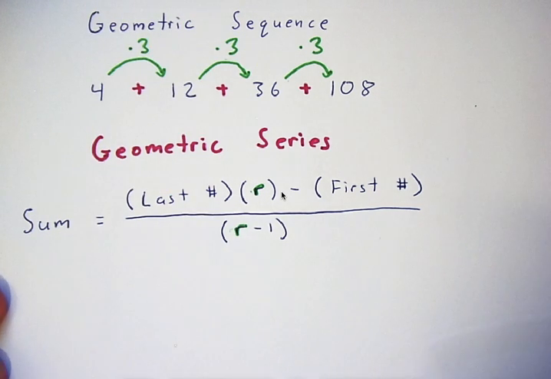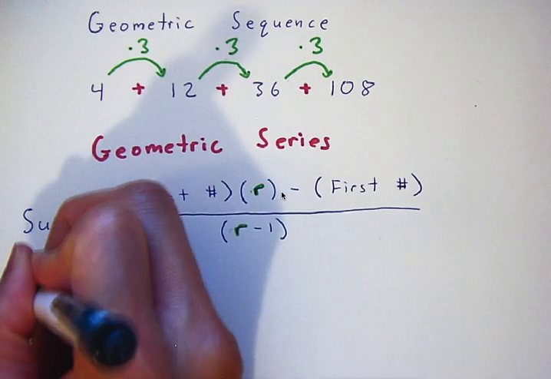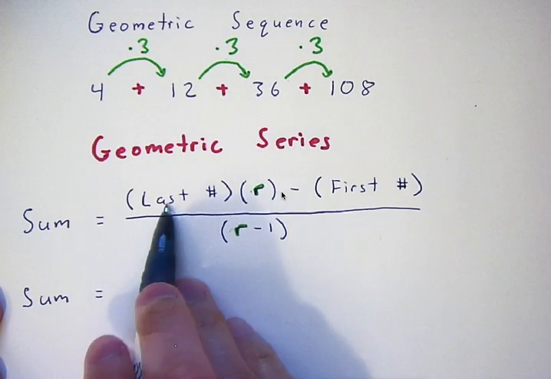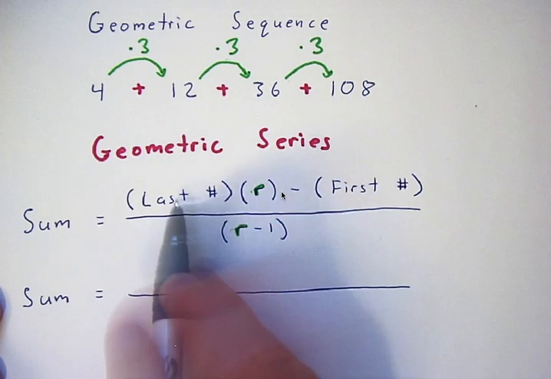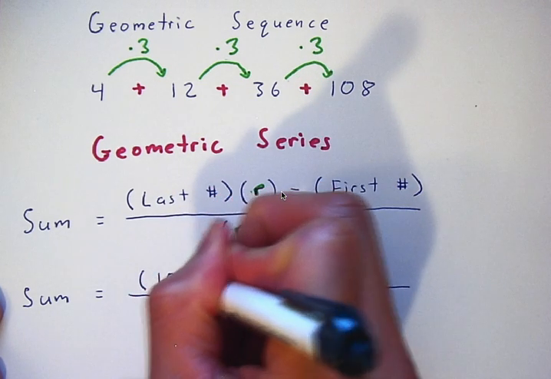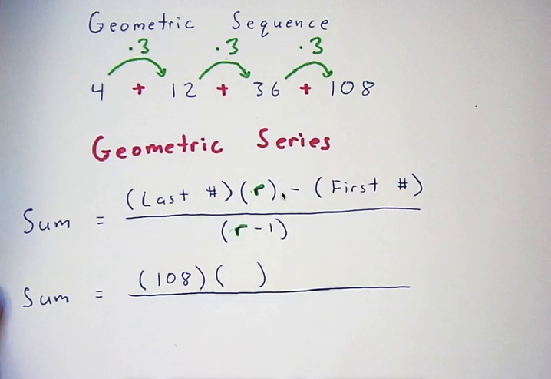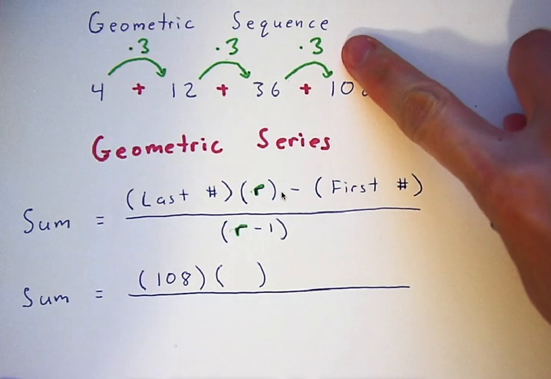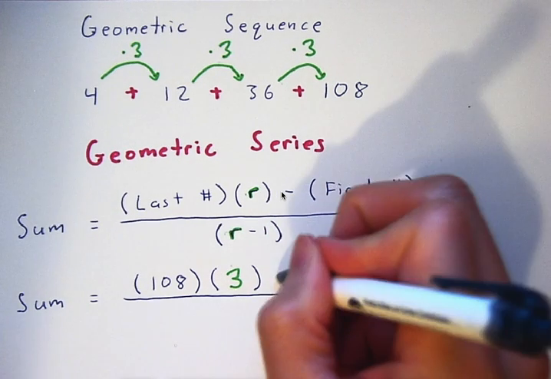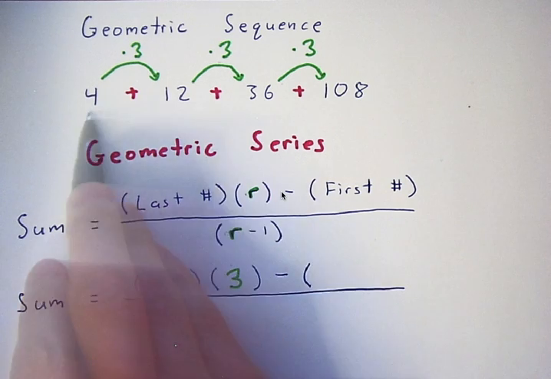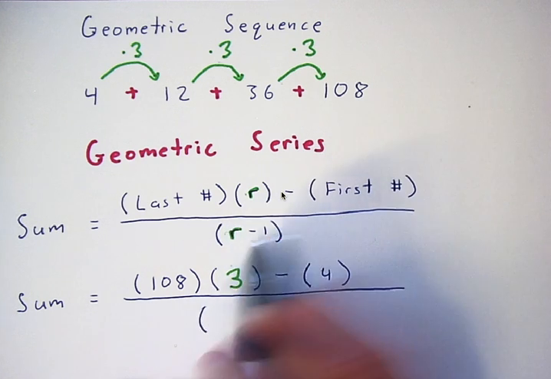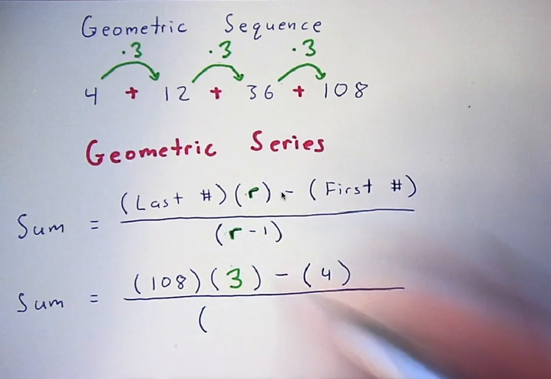All right, so your answer should have been: the sum is equal to, let me draw our fraction bar, our last number, 108, multiplied by r, subtract the first number, and then divided by r minus 1, or 3 minus 1.